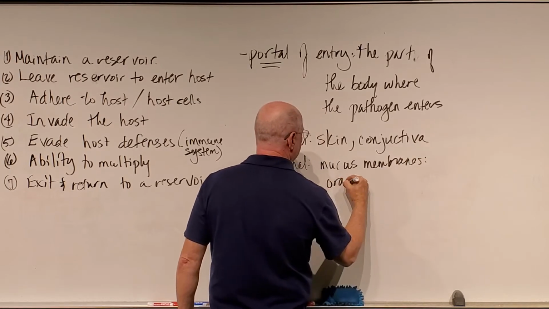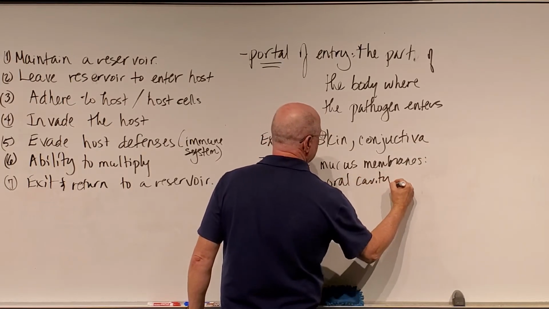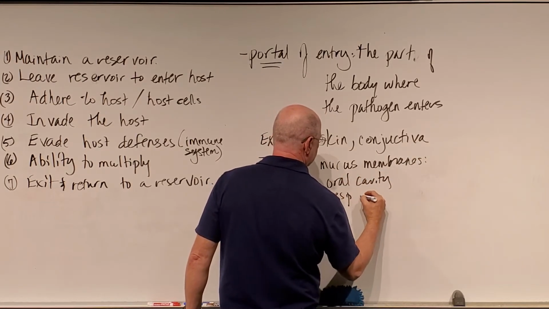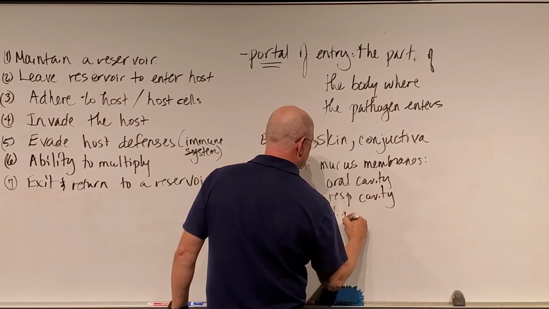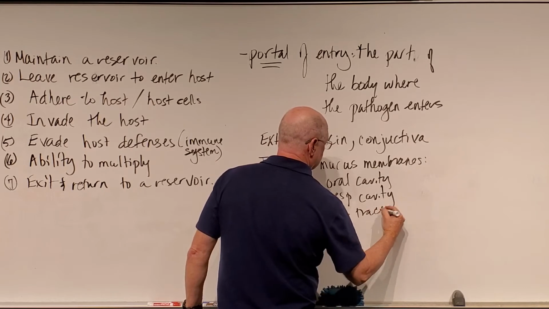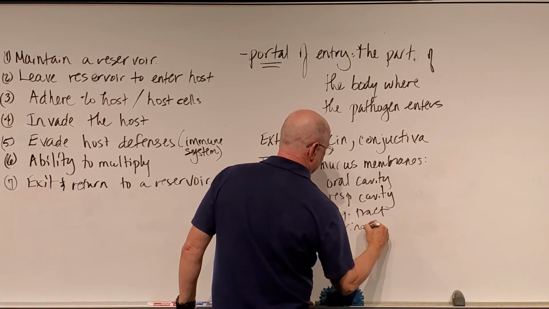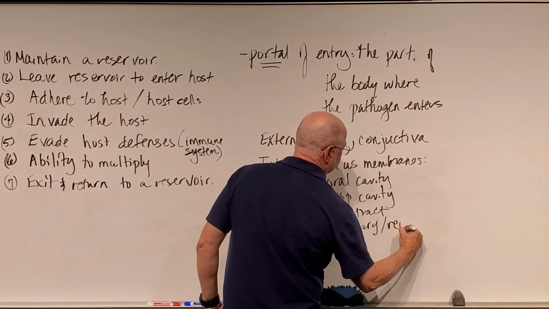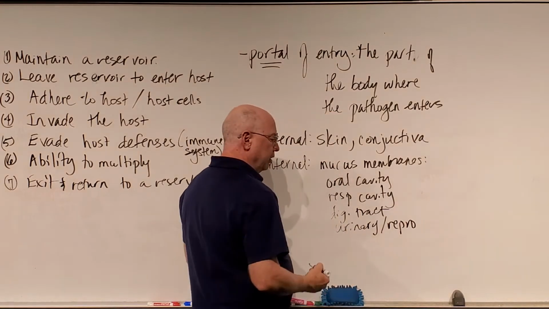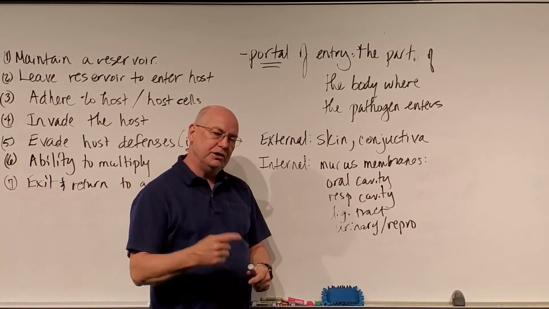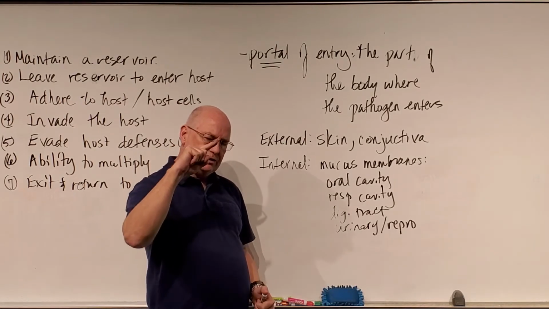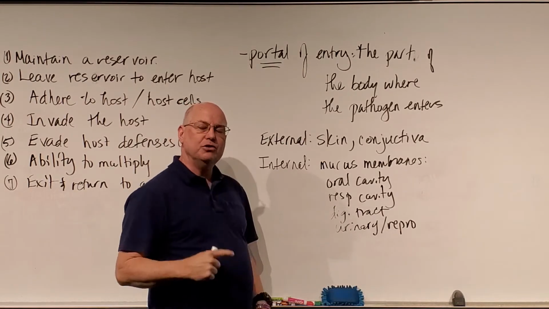So we have the oral cavity, the respiratory cavity, digestive tract, the urinary and reproductive tracts. All of these are lined with mucous membranes. Essentially, if you can stick a finger in it and it's nice and moist, then it's a mucous membrane.